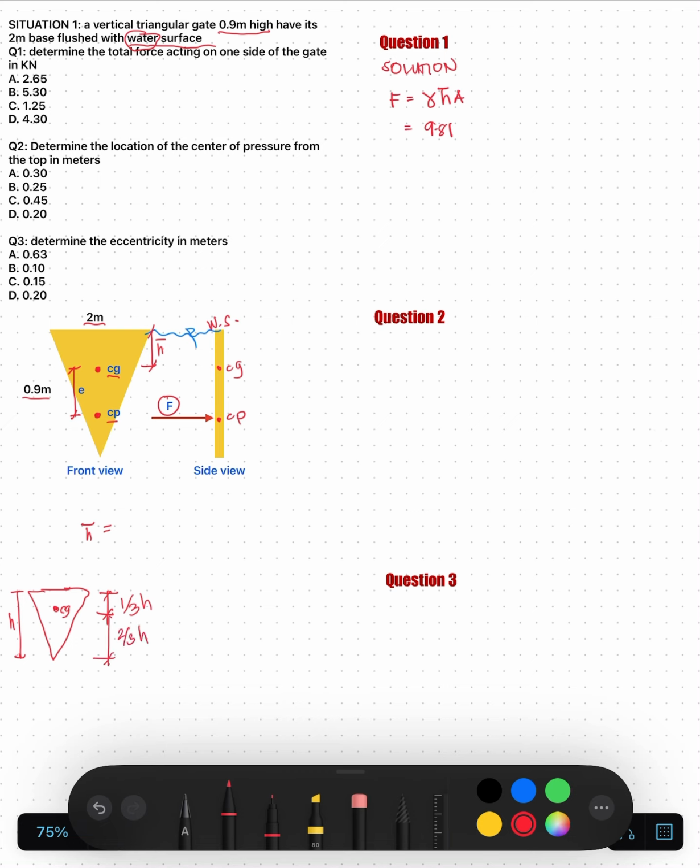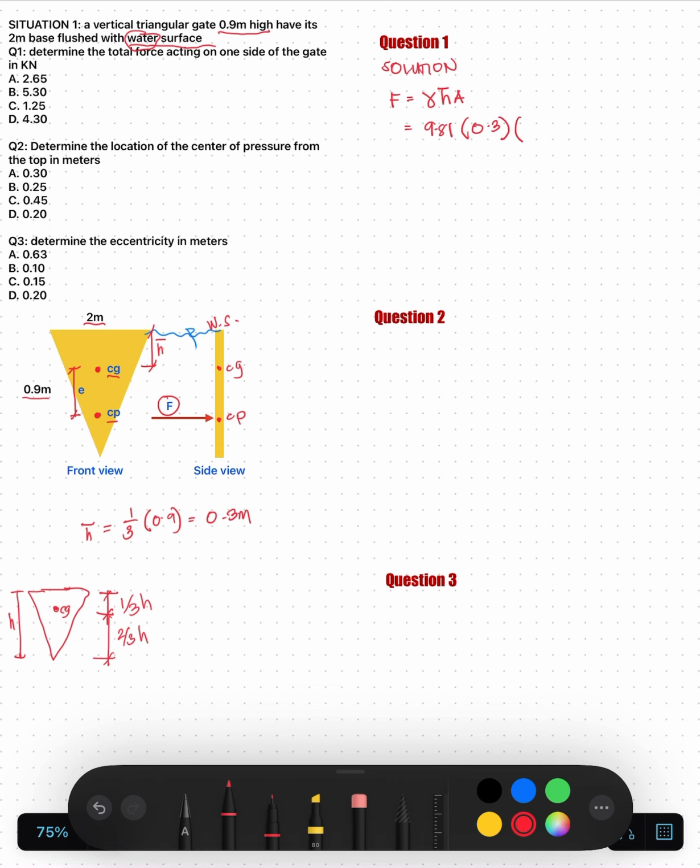I will repeat, for a triangle, the location of the center of gravity is 1/3 from the base and 2/3 from the tip. So since our barred h is reckoned from the base of our triangle, we can say that barred h is 1/3 of our height, which is 0.9. 1/3 of 0.9 or 0.3 meter.